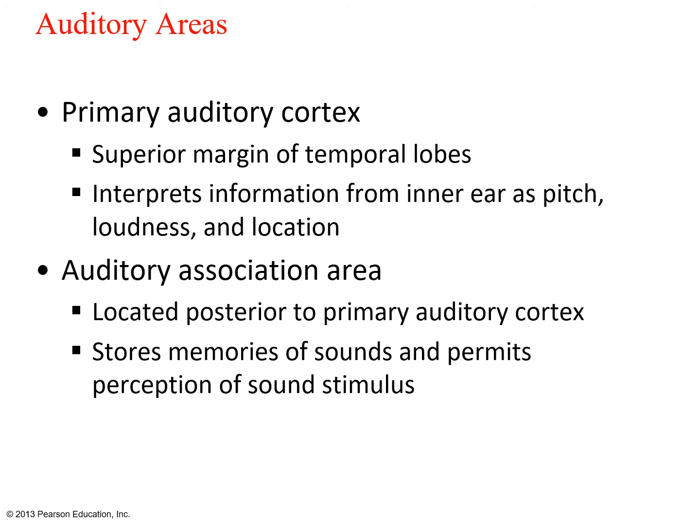The auditory association area does basically the same thing for the auditory cortex that the visual association area does for the visual cortex. It's located posteriorly to the primary auditory cortex, and it stores memories not of sight this time, but of sounds, and it allows you perception of sound stimulus.